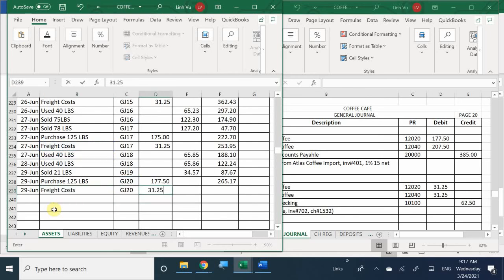For 31.25. So what should be my grand total in my regular coffee inventory? 296.42. Good.